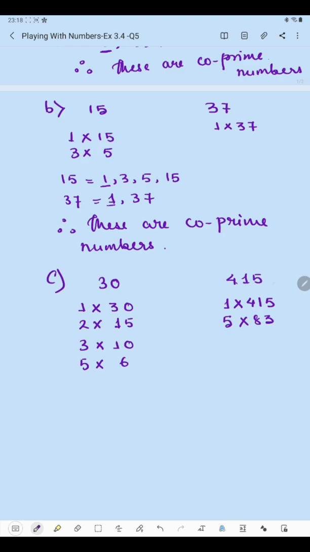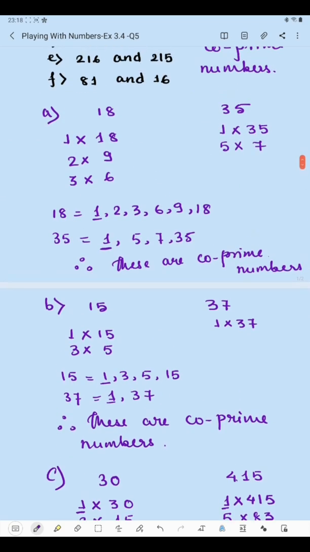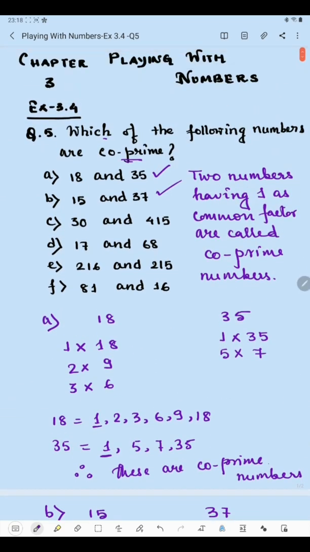But before checking further, it is clearly seen that here we have 1 as a common factor, and other than 1 we have 5 also. In both the numbers we have 5 also as a common factor, right? So if you check the definition of co-prime numbers, if two numbers have only one as a common factor, then only we can say that the numbers are co-prime.